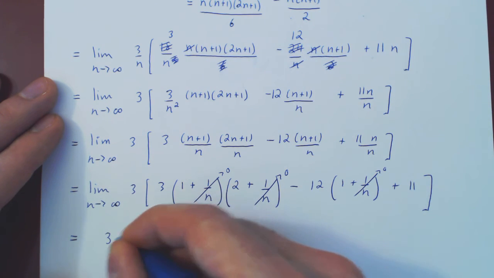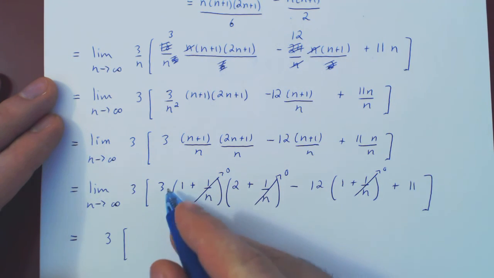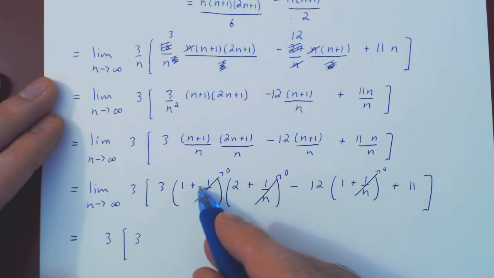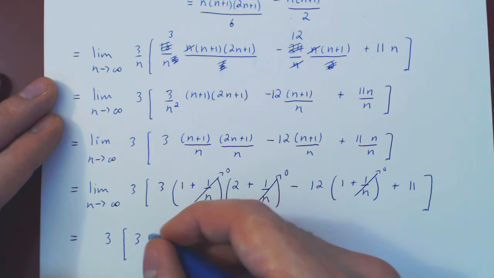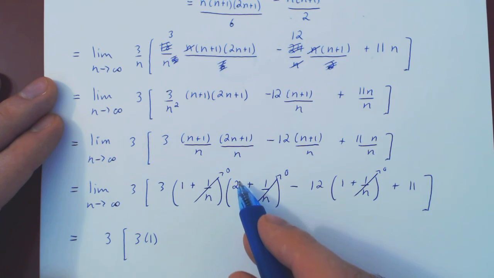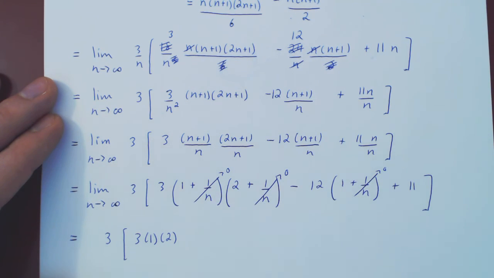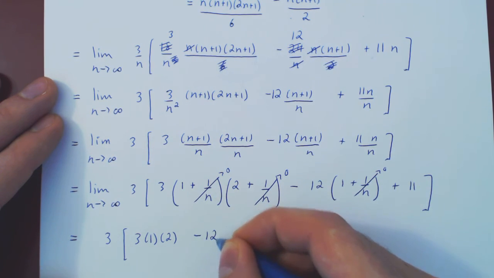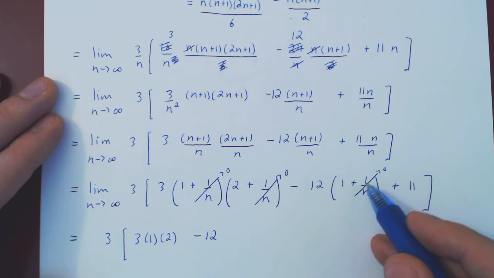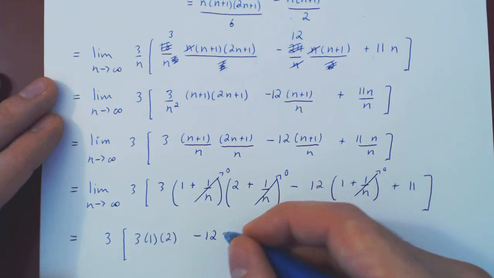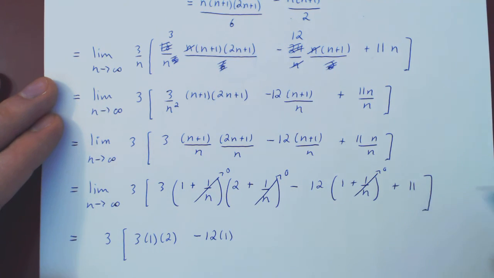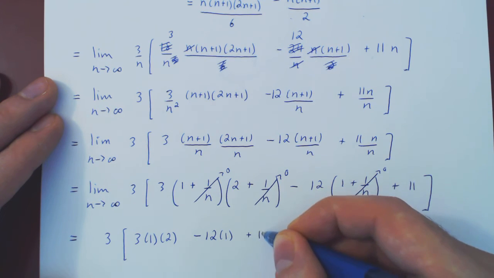What are we left with? 3 times, as this term 1 over n goes to 0, that's a times 1, times 2 plus 0 is 2, so times 2. Then minus 12 times this term, but this 1 over n goes to 0, so times 1, plus 11. It's a constant.